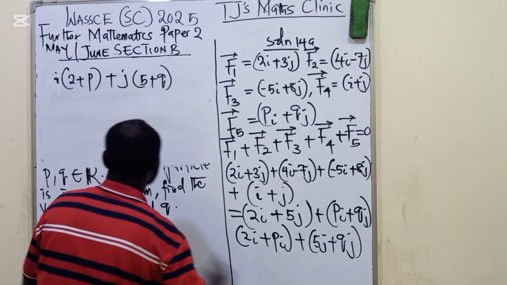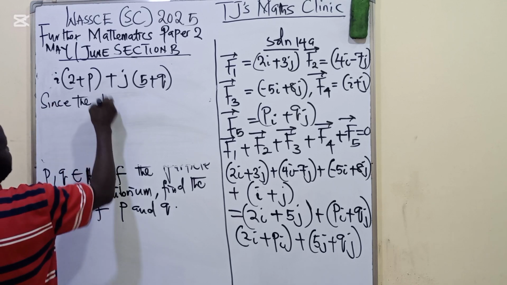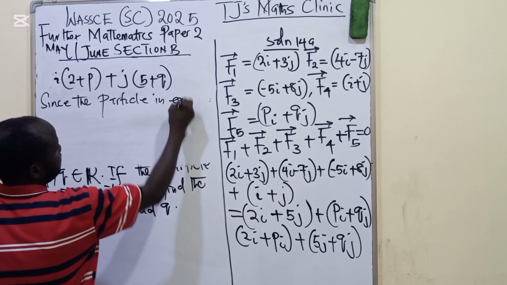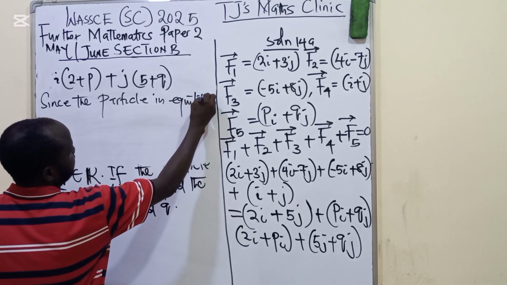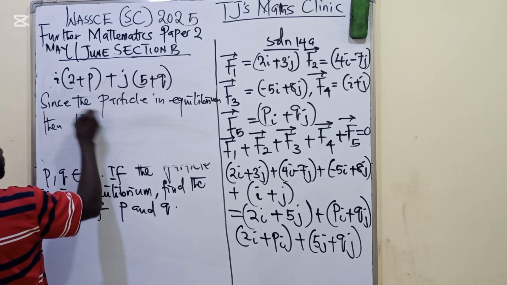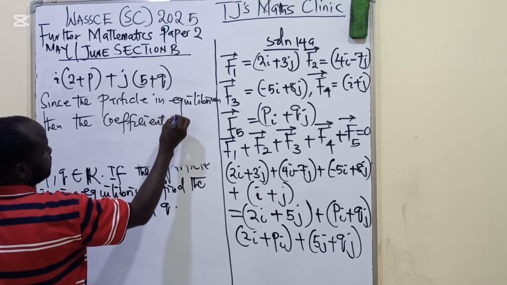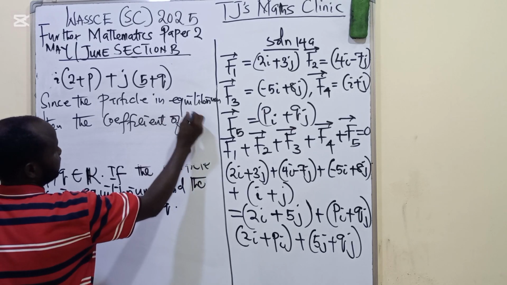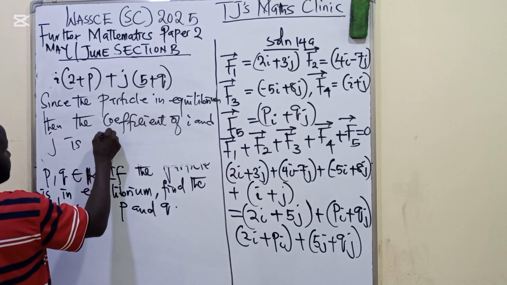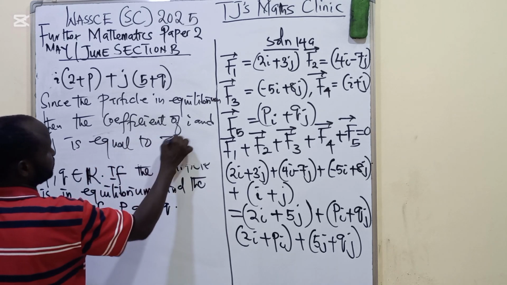Let me write it. Since the particle is in equilibrium, then the coefficients of i and j is equal to 0.